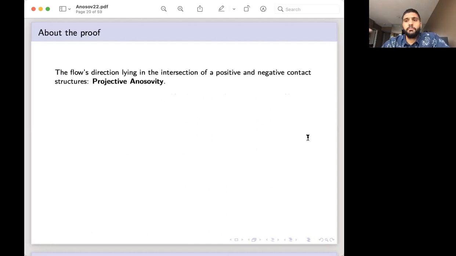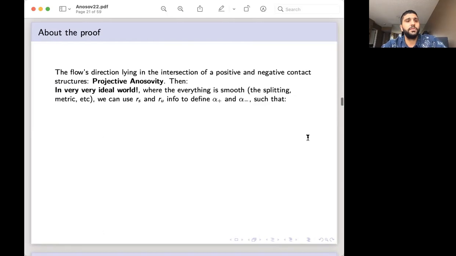Now, if we want to attempt the proof: the flow lying in the intersection of a positive and negative contact structure means that it's projectively Anosov. In a very ideal world, which basically never happens, Gis showed that it only happens in the very special case where the flow is either a suspension flow or the geodesic flow of a hyperbolic surface.